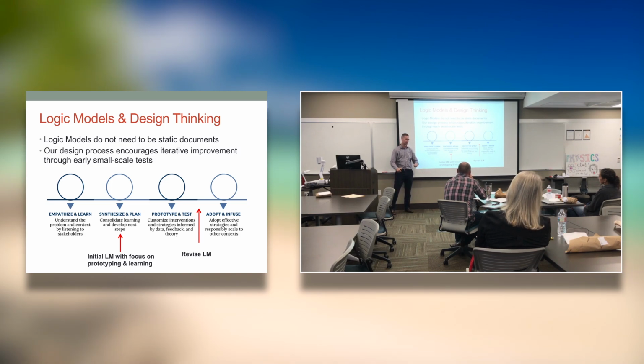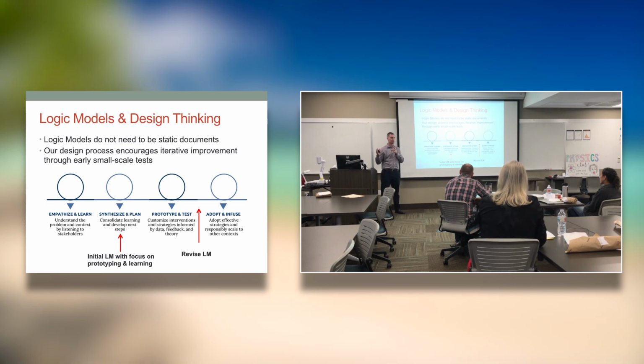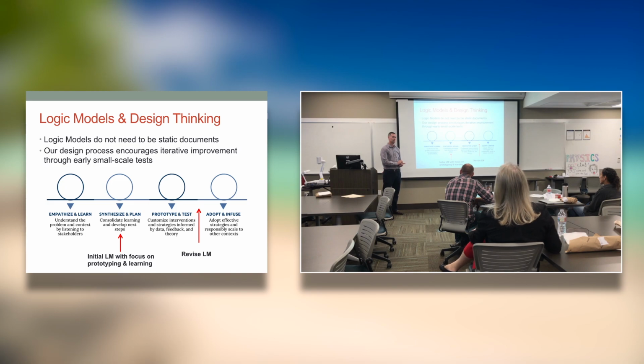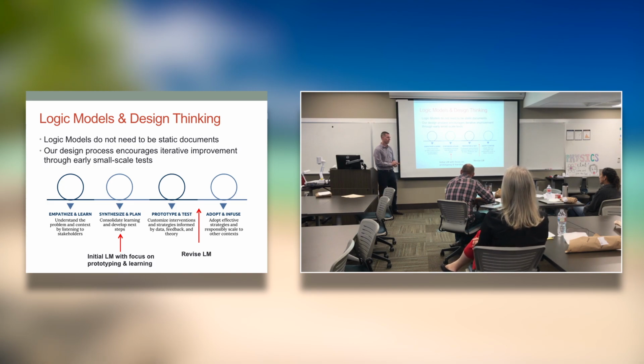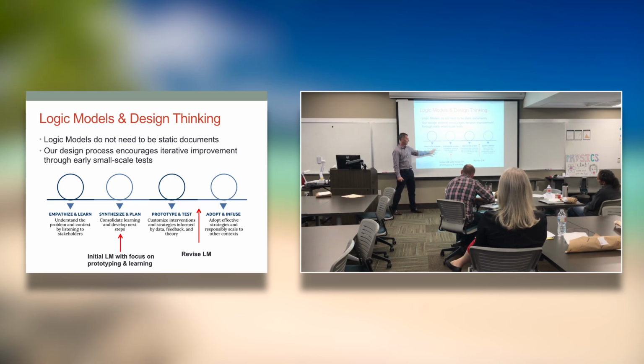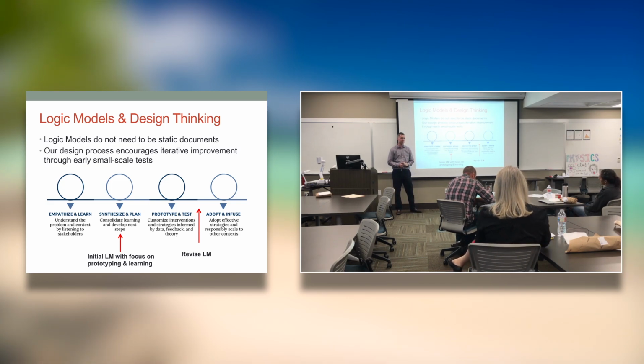Right? The very first project was rough. Right? I learned a lot through small-scale testing. Right? Every time I go to a new school, every time I work in a new context, I learn a lot by understanding the problem. The same thing that shows up in the national data is not necessarily going to show up here. Right? We've got to start with empathizing and learning, and changing our steps at each point along the way.